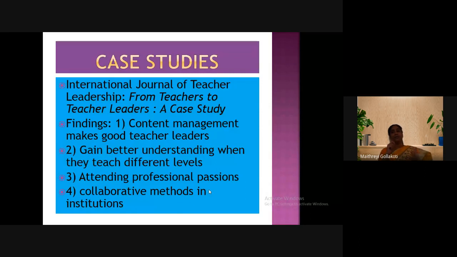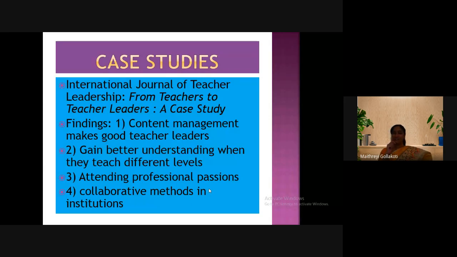You should be competent in your subject. That is what they also have found out. They said that teachers who have good competence become good leaders. And this they have done after talking with 250 teachers. So you can now see how important competency is. There is data also which is validating my point.